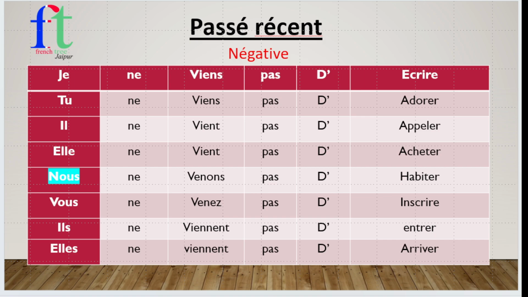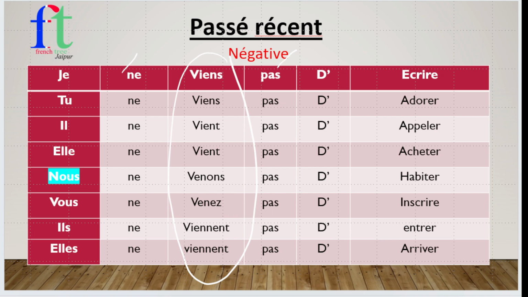If it is negative, then before the verb we use ne, and just after the verb pas. That gives the meaning of negative. Je ne viens pas d'écrire. Can I put ne or pas somewhere else? No, that's not possible.